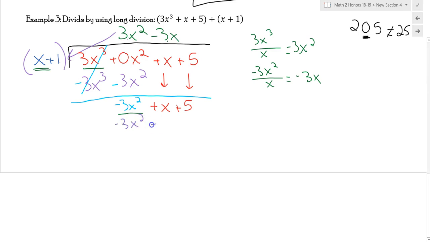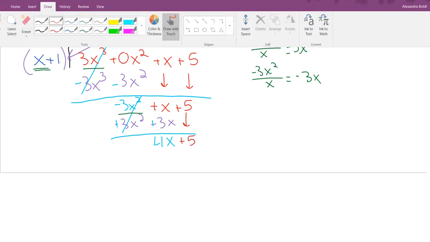Negative 3x times 1 is negative 3x. And then for subtraction, we change our signs. These cancel out. x plus 3x is 4x. And we bring down our 5. Last step.